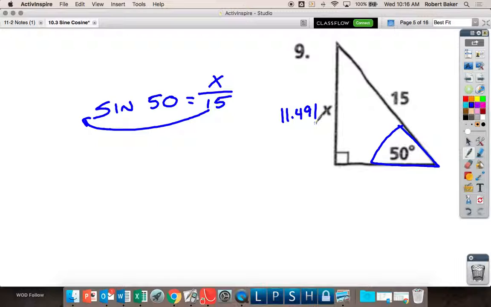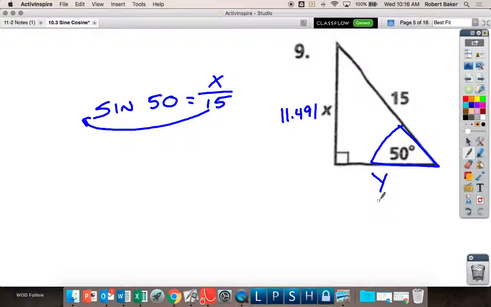Now, I want to nerd out just a little bit to prove a point, and then we'll continue on. What if I was to put a variable there? Then you could do tan. Yes, Blake, you're right. I can use tangent here, but do I want to use trig for a number that I've rounded?